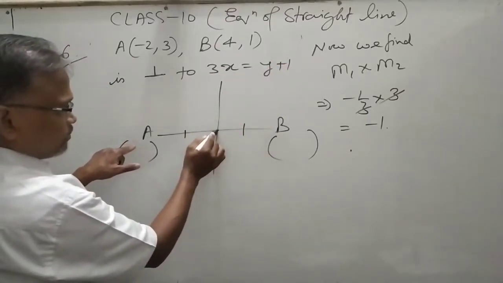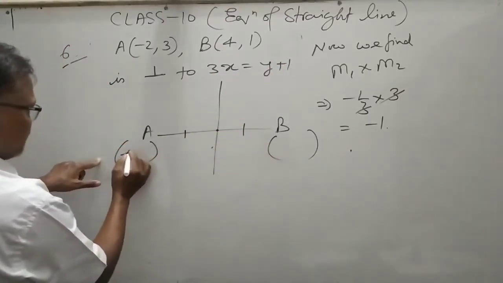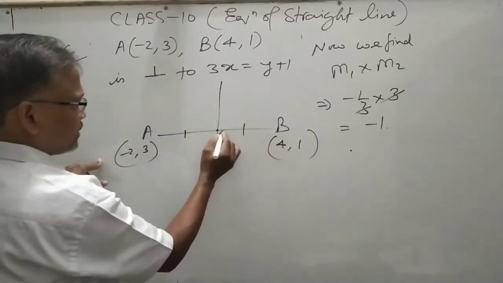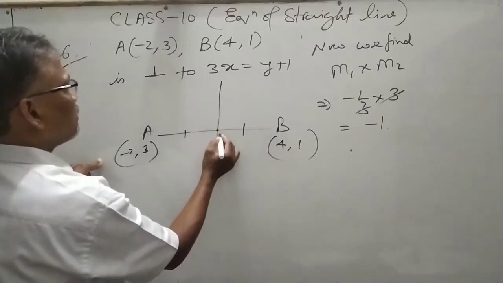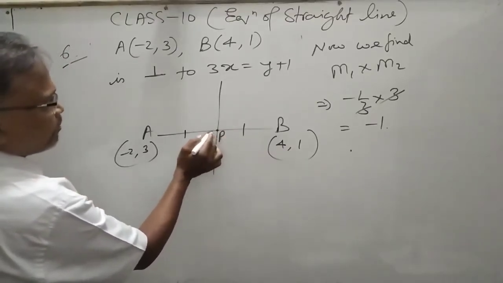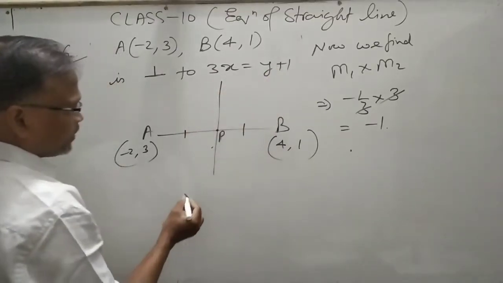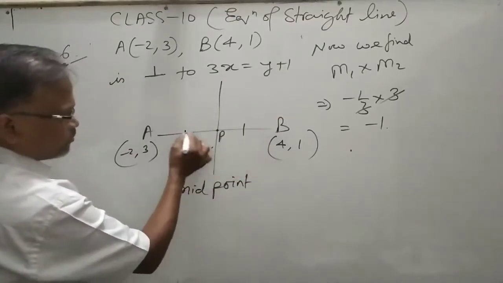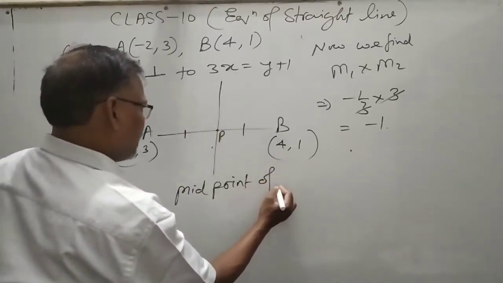You can find out if any point which is on the line satisfies this equation. So if this is the midpoint of minus 2 comma 3 and 4 comma 1, suppose it is P, the coordinates of P must satisfy this equation. So find the midpoint. Bisect means find the midpoint of AB.